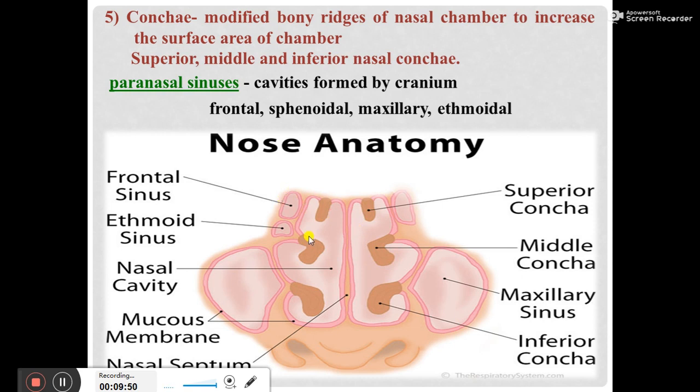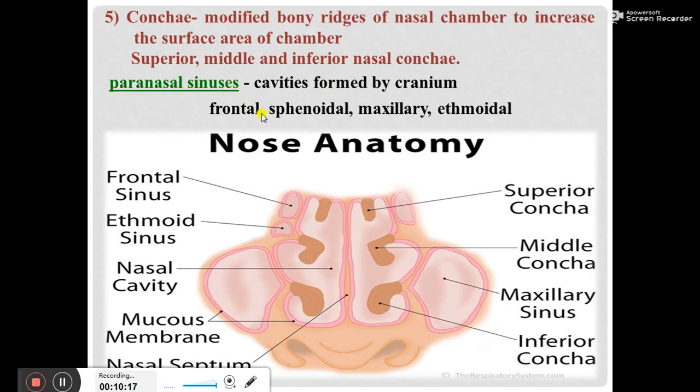Next, I told you there are also cavities, nasal cavities. They are called paranasal sinuses. The bony ridges were of the cranium, and these are the cavities. Paranasal sinuses are the cavities formed by the cranium. These are frontal, sphenoidal, maxillary and ethmoidal. You are very well familiar with the word sinus.